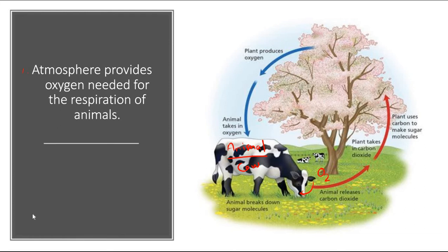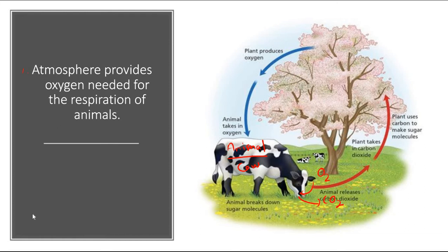Now we must understand that oxygen is very essential and it's present in the atmosphere. So the atmosphere provides this oxygen required for survival. Therefore, that is one important function. Now, at the same time, this animal will release carbon dioxide. So these are the symbols for all of those gases, which are also called elements.